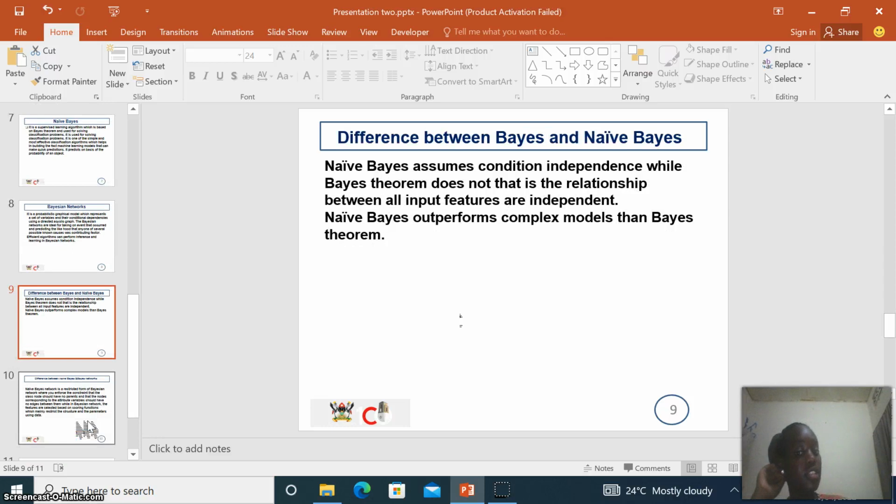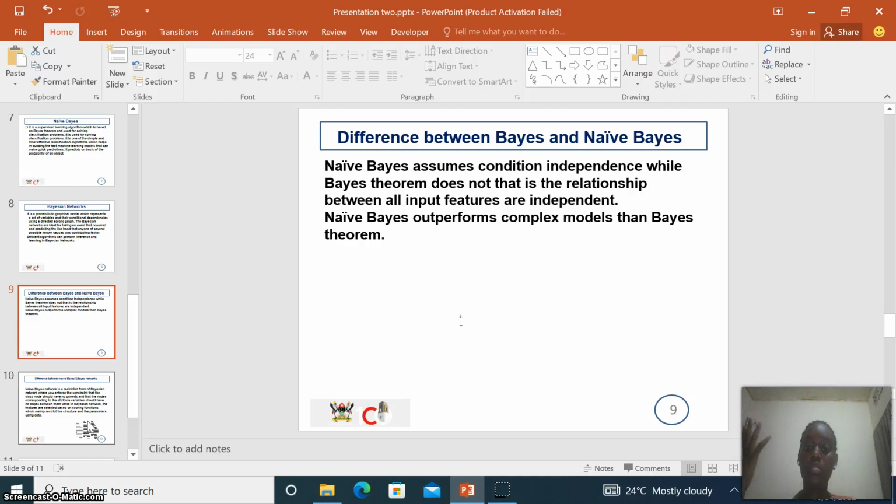Then I also want to talk about the difference between Bayes theorem and naive Bayes. Naive Bayes assumes conditional independence, while Bayes theorem does not. That is, the relationship between all input features is independent. Basically, the reason why it is called naive Bayes is because it assumes conditions.